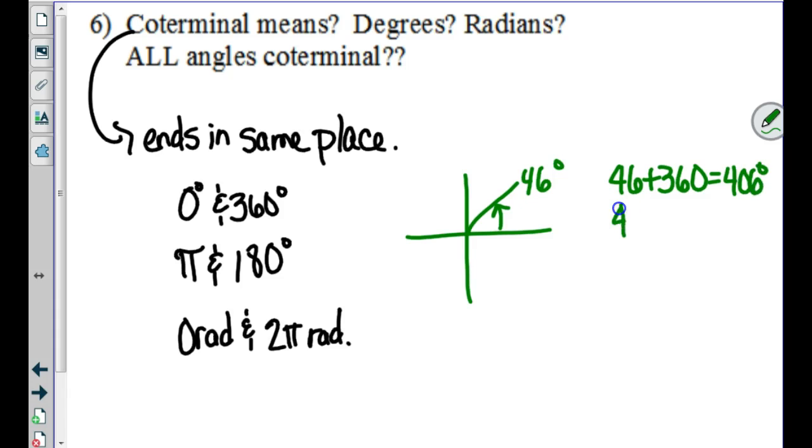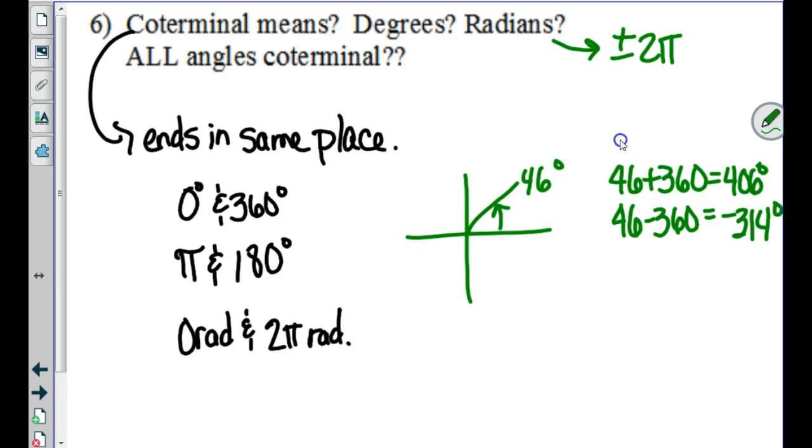Okay, and then if you did 46 minus 360, it's negative what? Those are both coterminal with 46. Everybody good? You add a rotation, take off a rotation. All right, so what do you do if it's in radians? Instead of adding and subtracting 360, you have to add and subtract what?